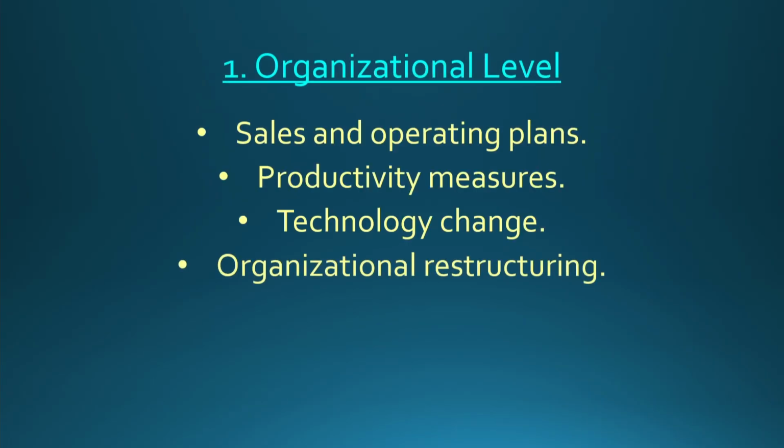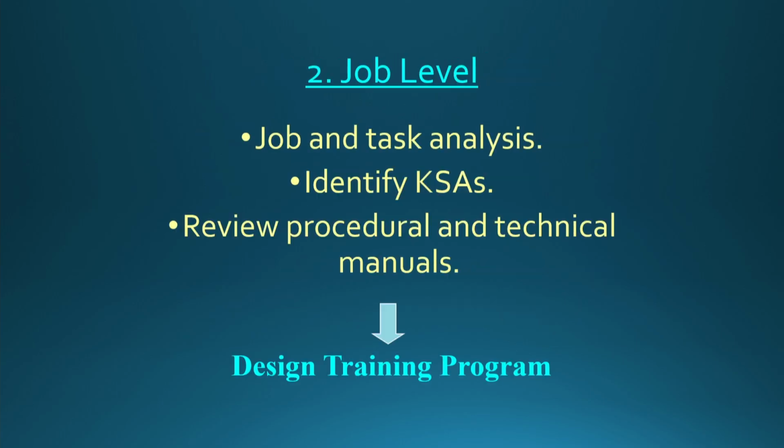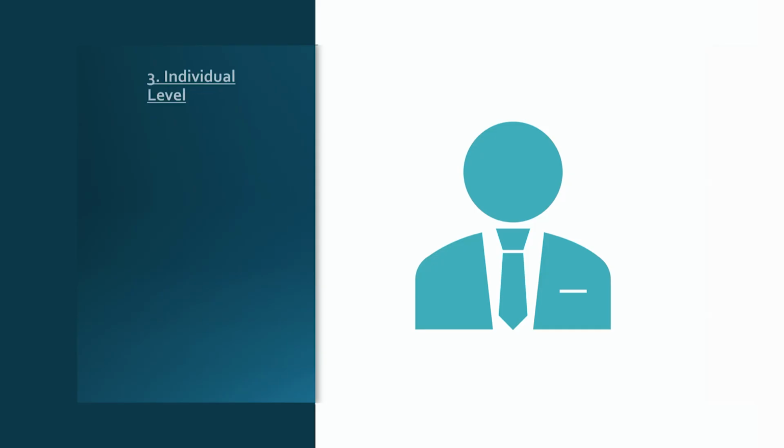So at the organizational level, what kind of training can be given? On sales and operating plans, productivity, technology change, organizational restructuring, change in workforce, etc. At the job level, also called task level, job and task analysis is done, key result areas and success areas are seen, procedural and technical manuals are reviewed, and then we go for designing a training program.